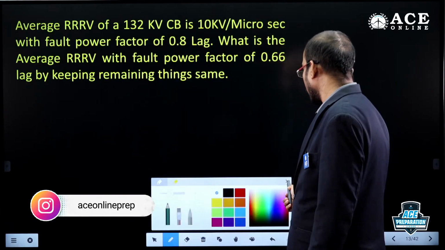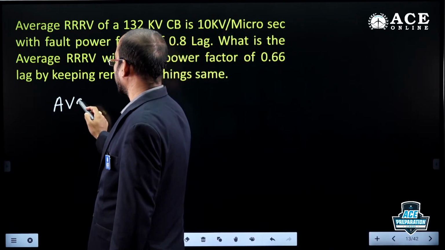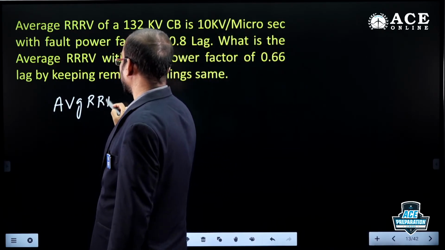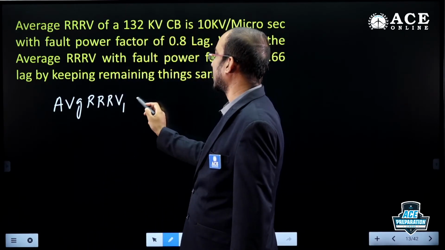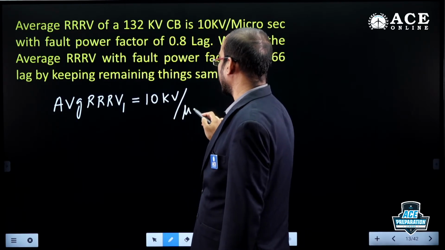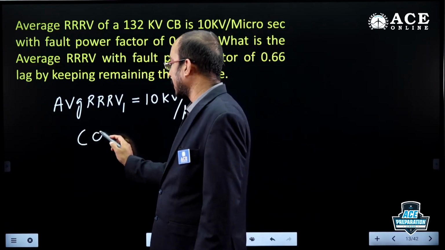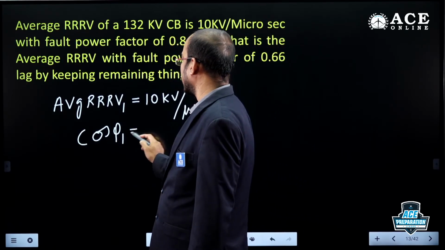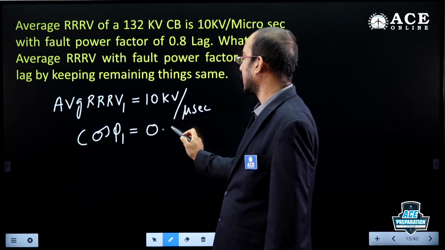Yes. Initially, the average rate of rise of restriking voltage in the first case is given as 10 kilovolt per microsecond. Here cos phi 1 is 0.8 lag.